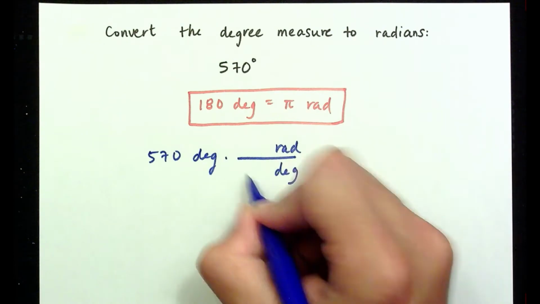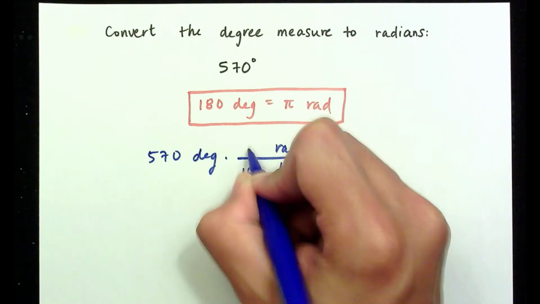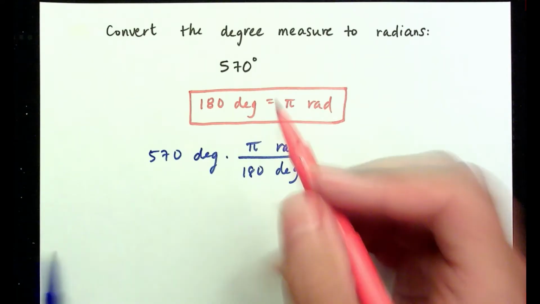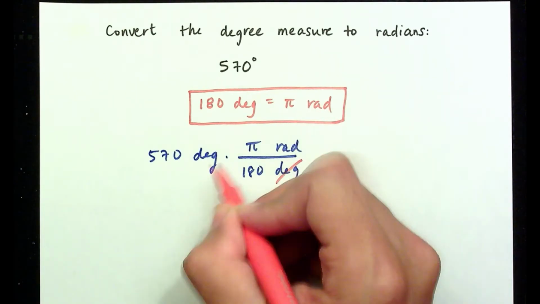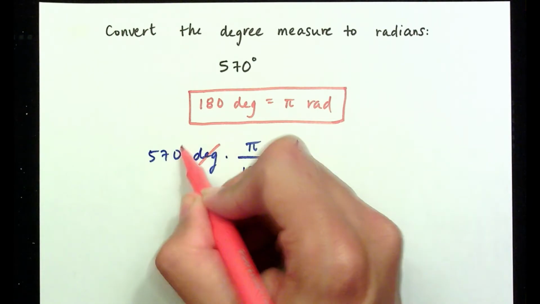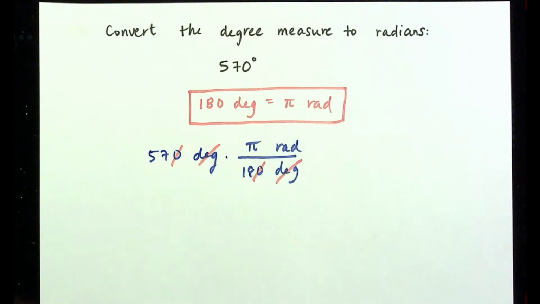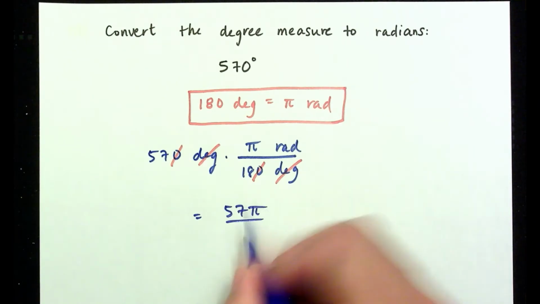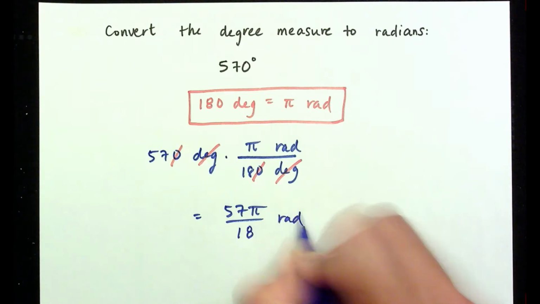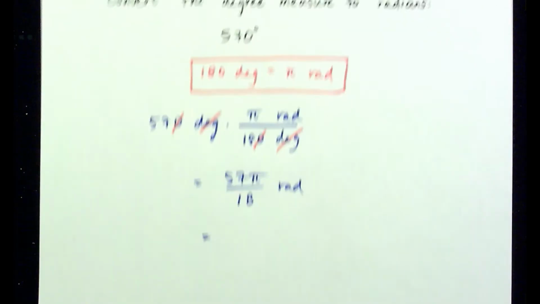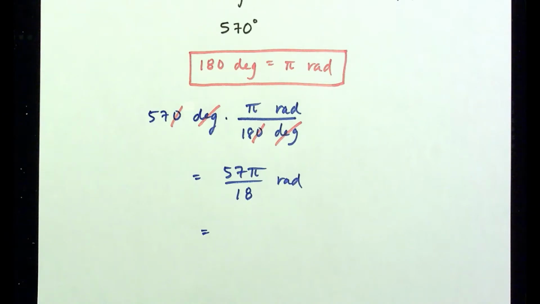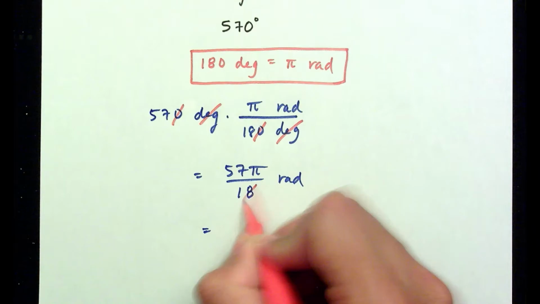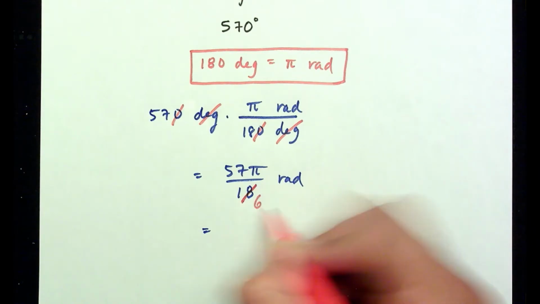And the relationship is that 180 degrees equals pi radians. Okay, and now we just simplify to get the final answer. Degrees would cancel, and I could cancel a 0. And then multiplying across, this would be 57 pi over 18 radians. And I can cancel a 3. If you cancel a 3 from top and bottom, you would get 6.